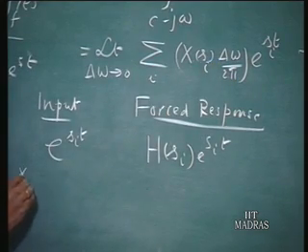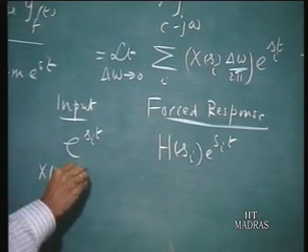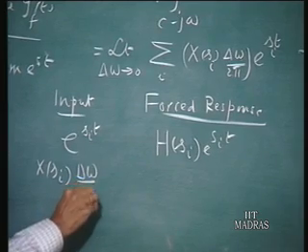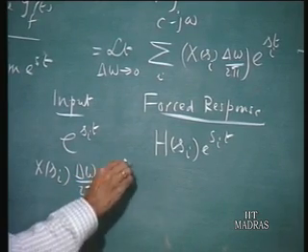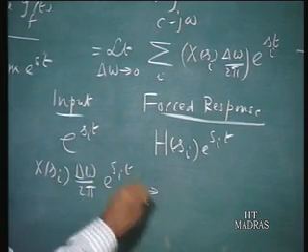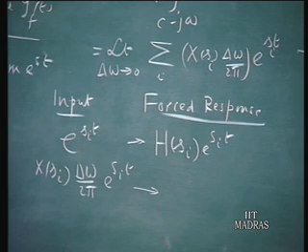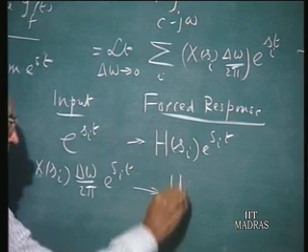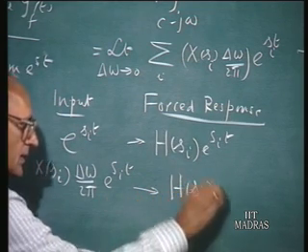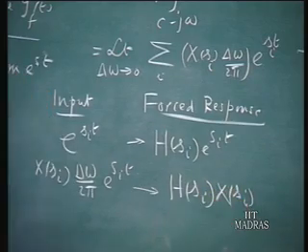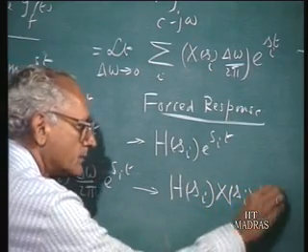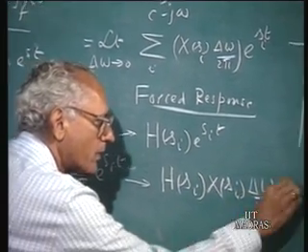Therefore, if I have X(s_i) delta omega over 2 pi e power s_i t, then by the linearity principle, because it is a linear system, the response is H(s_i) X(s_i) delta omega over 2 pi e power s_i t.